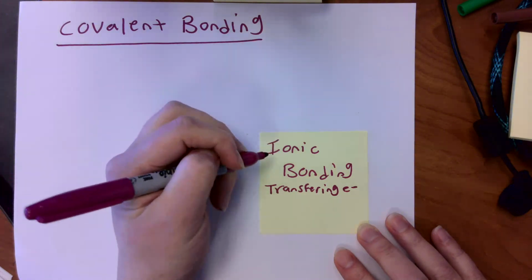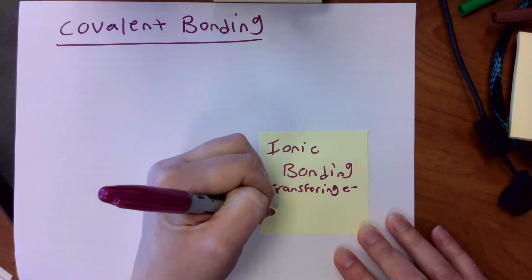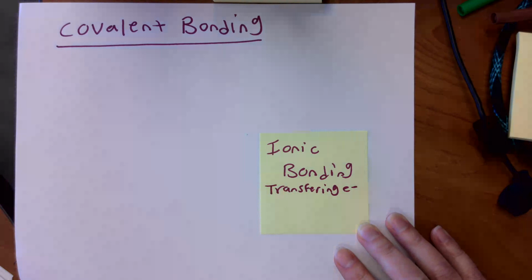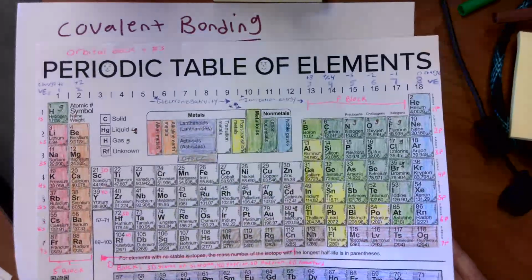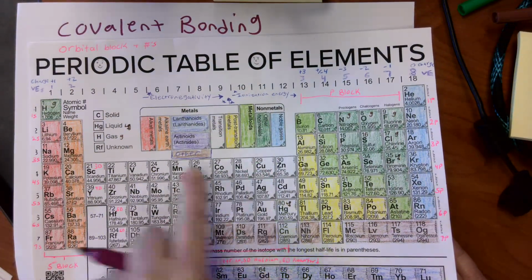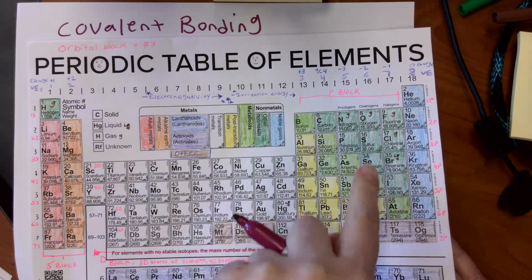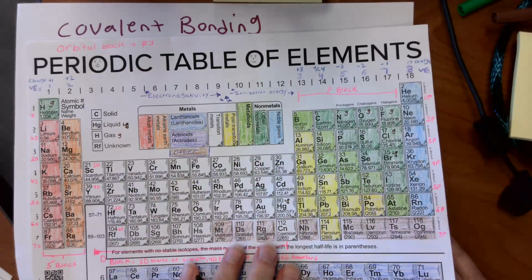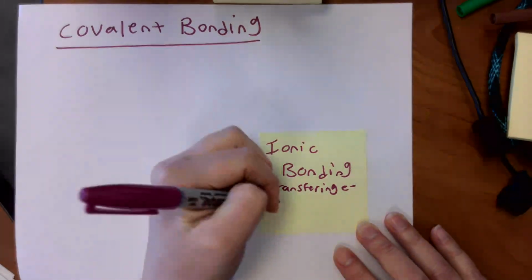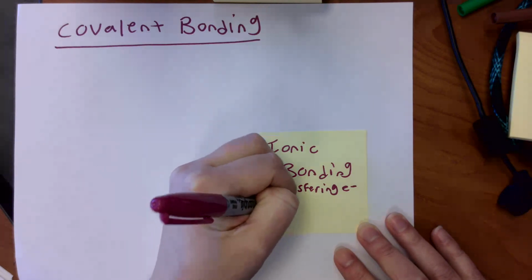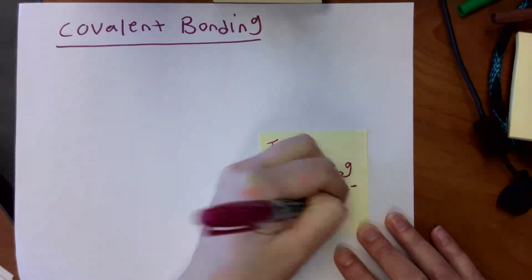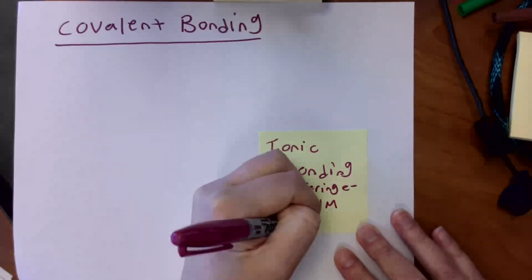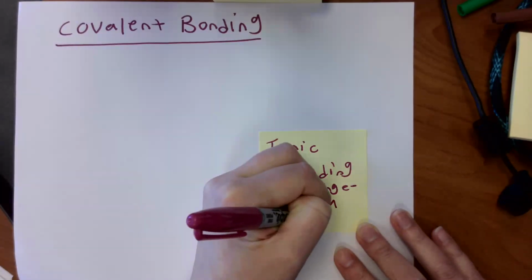So with this, we dealt with elements that were one from each side of the periodic table, if you remember. We dealt with one from this side, or like one of the transition metals, and one from over here. In other words, it dealt with one metal and one non-metal. Or you could say it happened between a cation and an anion.